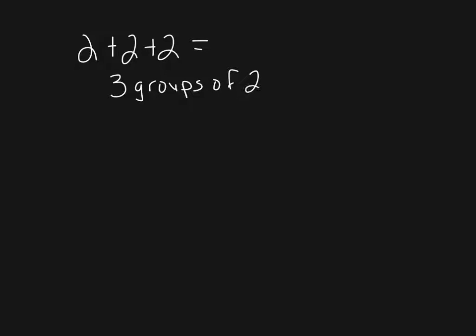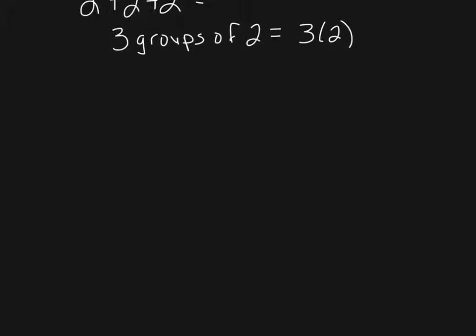For example, when I have 2 plus 2 plus 2, I can rewrite that as the fact that we have 3 groups of 2, which means the same as 3 times 2. So if we use that same terminology, then we can start to make sense of how integer multiplication actually works.